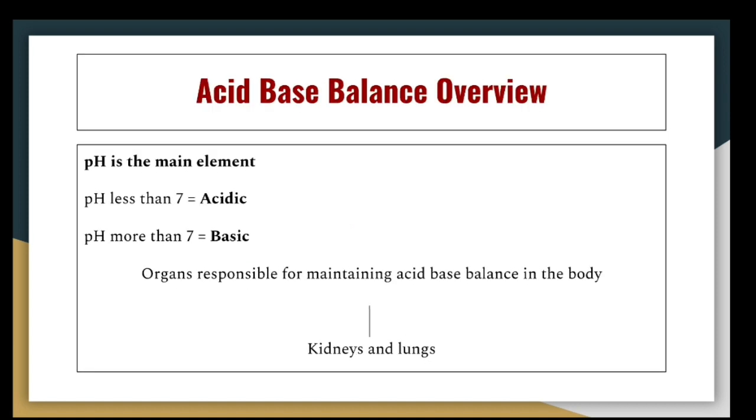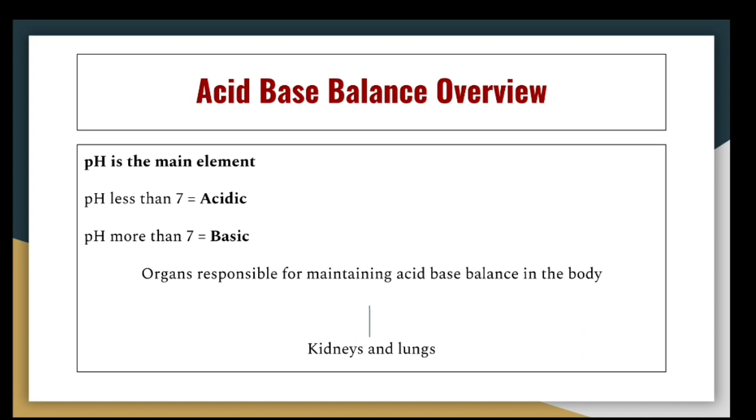Let us have an acid base balance overview. This is a topic which you had already done when you were in your 12th standard, so it's just an overview. In acid base analysis, the main important step which helps us in interpreting the reading is pH.